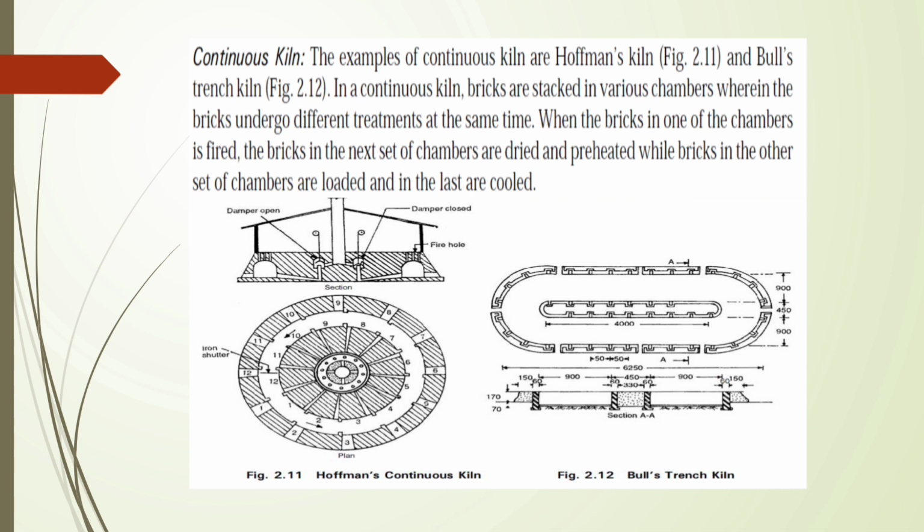When the bricks in one of the chambers are fired, the bricks in the next set of chambers are dried and preheated, while bricks in the other set of chambers are loaded and in the last are cooled. This is the figure of Hoffman's continuous kiln and Bullstein's kiln.